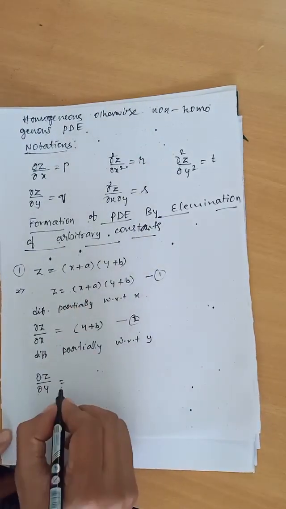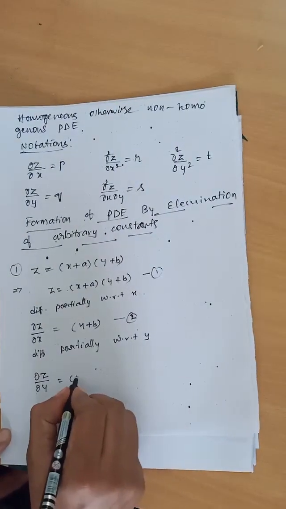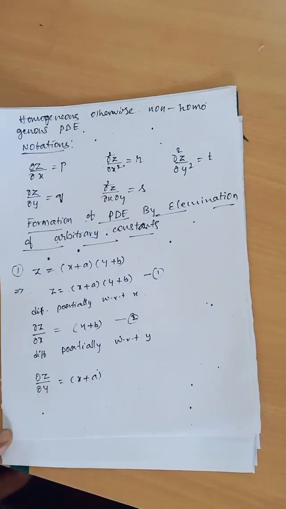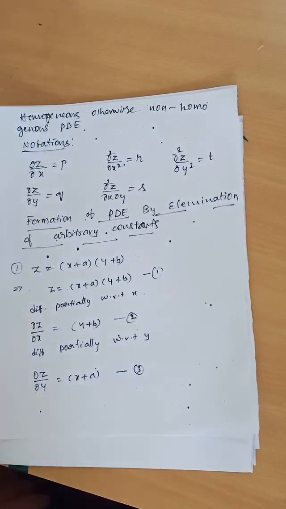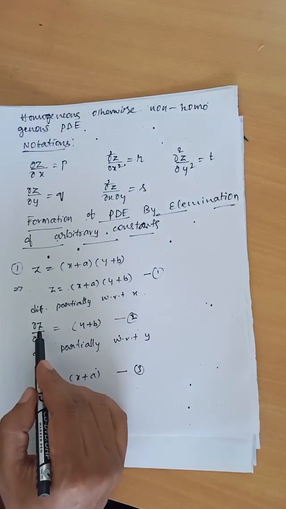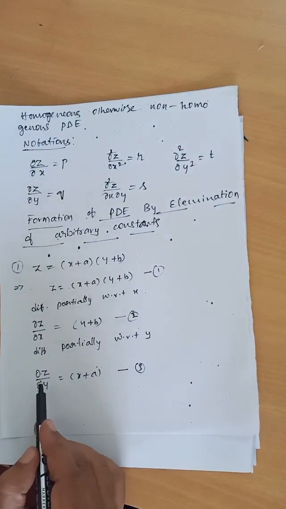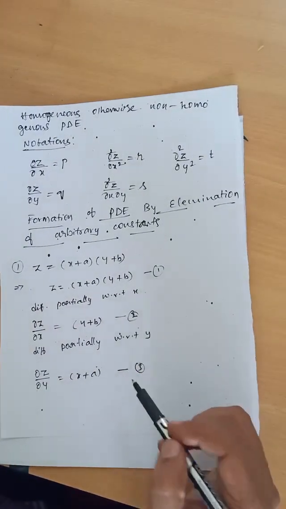That is the derivative of y is 1 plus 0, so 1 into x plus a. You call it equation number 3. In every problem, equation number 1 is the given one, next we find dou z by dou x, and next we find dou z by dou y. So we have 3 equations, 1, 2, 3.